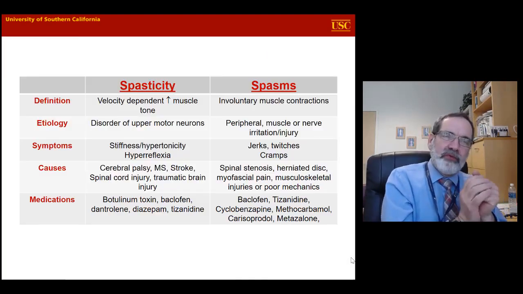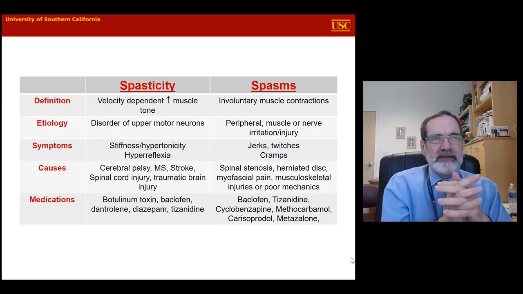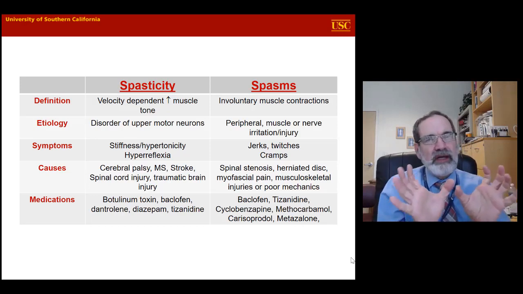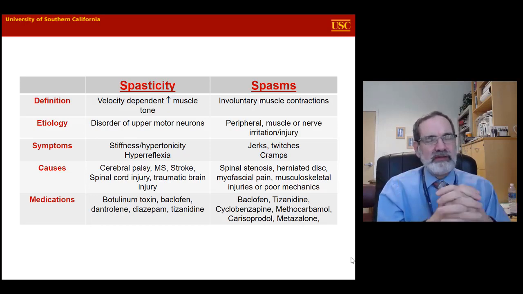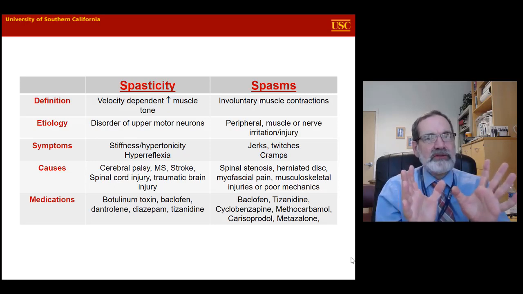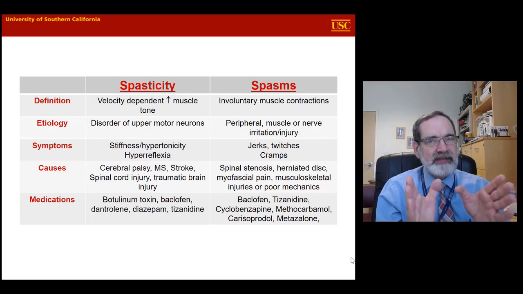Okay, so when we're thinking about muscle relaxants, we should think a little bit about what kinds of problems we are addressing. And there's really two different classes of issues. One is spasticity, and the other is spasms. So a patient with spasticity may have some element of spasms, but true spasticity has really got some clear-cut defining characteristics.